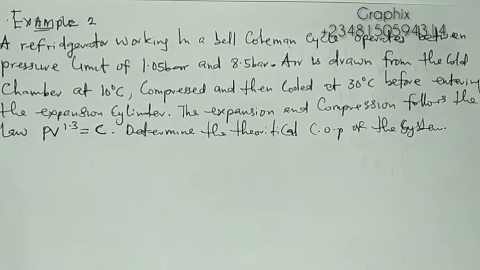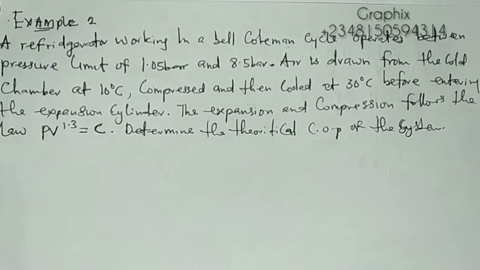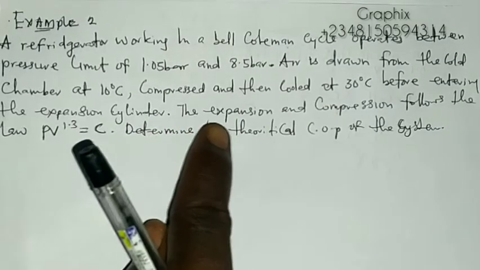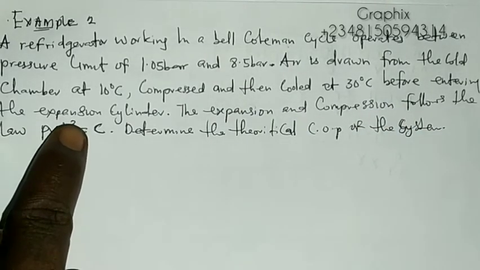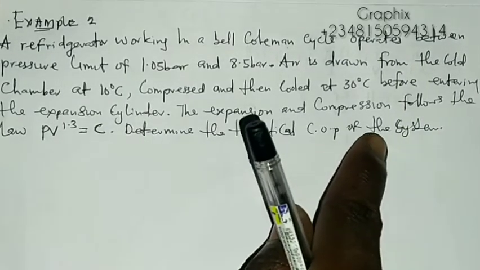Example 2 says that a refrigerator working in a Coleman cycle operates between pressure limits of 1.05 bar and 8.5 bar. Air is drawn from the cold chamber at 10 degrees centigrade, compressed and then cooled at 30 degrees centigrade before entering the expansion cylinder. The expansion and the compression follow the law PV raised to the power 1.3 equals C. Determine the theoretical COP of the system.